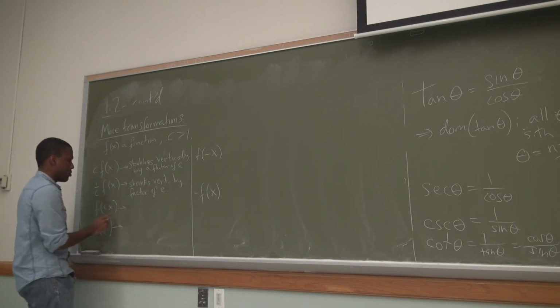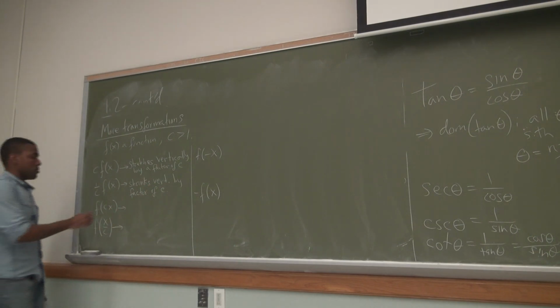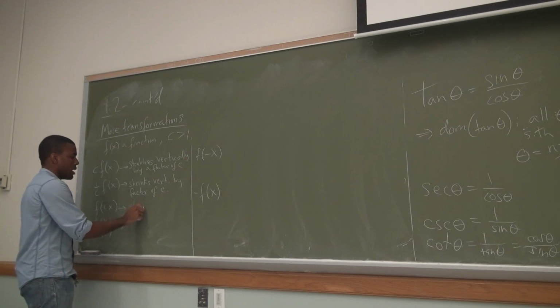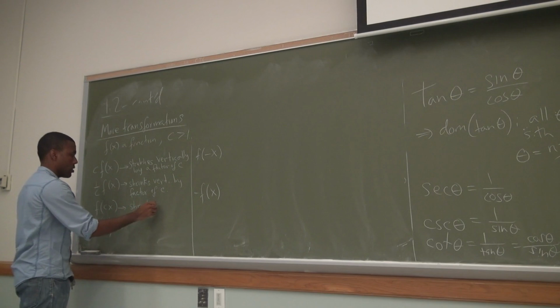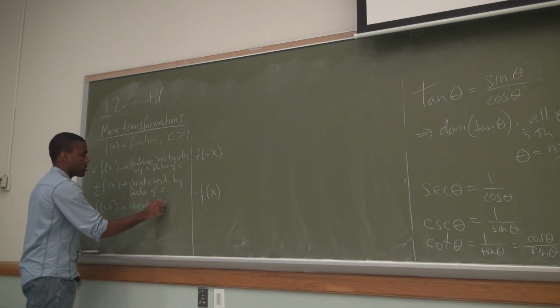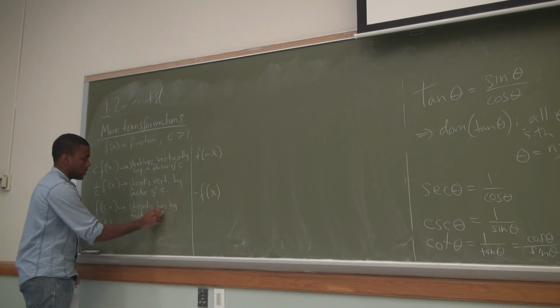This guy, what does this one do when it's multiplying the x? This shrinks. Right? The x sort of behaves in the opposite way that you think it might. It shrinks horizontally by factor c.